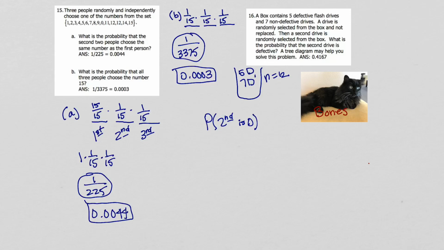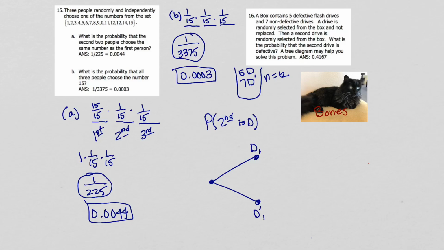In sequential events like this, it's a good place to think about drawing a tree diagram. Let's start here, and we're going to branch out this way. And so what can possibly happen here? Well, you make your first draw, and what could happen is we get a defective on the first, or we could get a non-defective on the first.